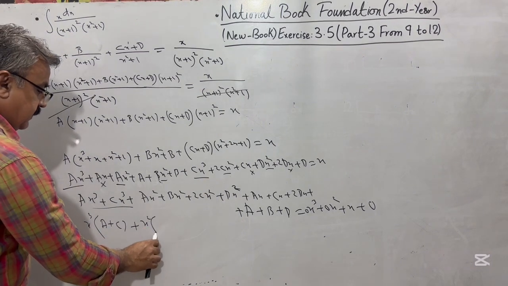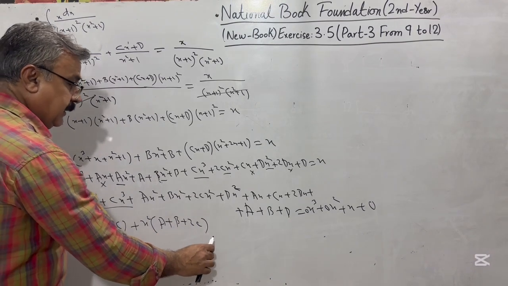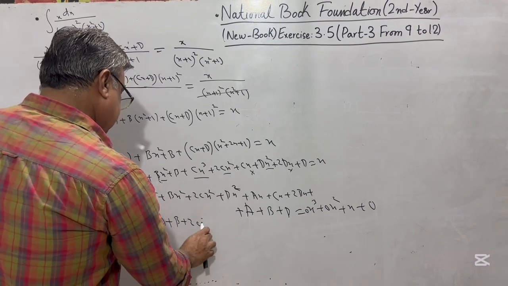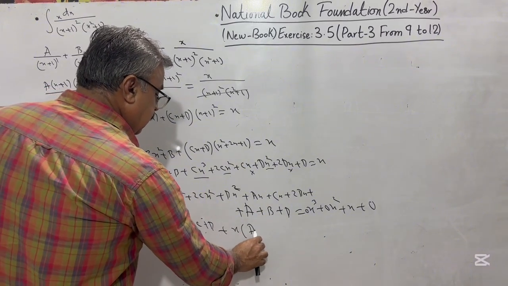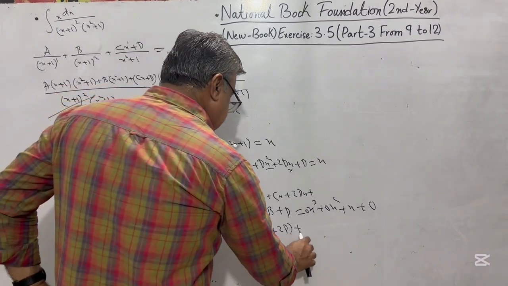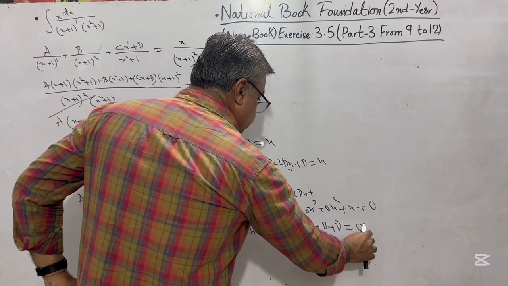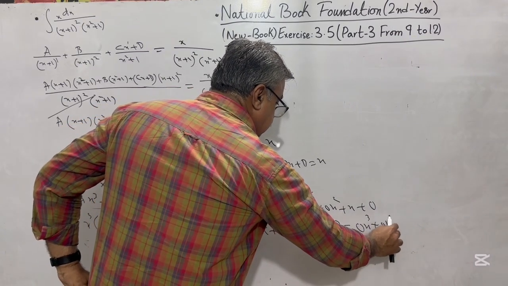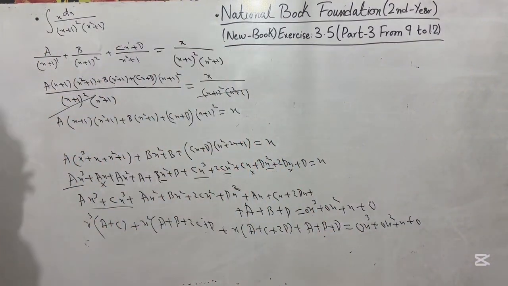Taking x square common, we are left with a plus b plus 2c plus d as well. Taking x common, a plus c plus 2d, and the constants are a plus b plus d, is equal to 0x cube plus 0x square plus x plus 0. Bingo!